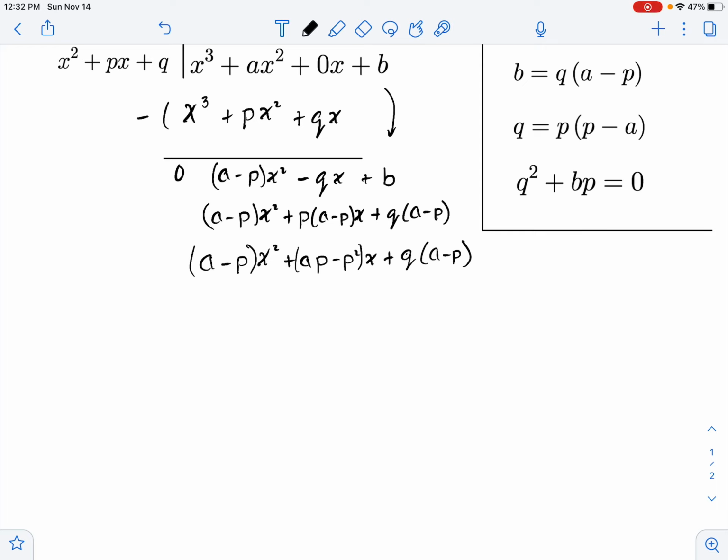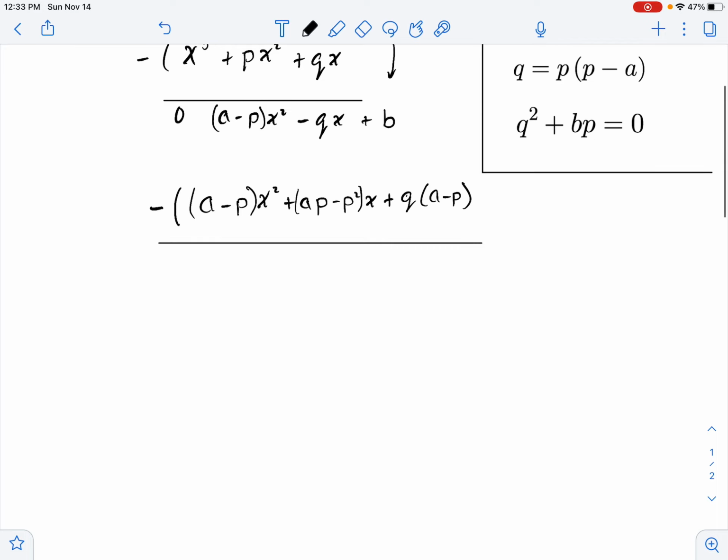And now I will subtract, remembering that I'm subtracting this line here from this line here. So that is minus parentheses. I'm just going to erase this line so that I can see a little bit more clearly. Subtracting, I get a minus p x squared minus a minus p x squared. Well, of course, that's 0x squared, so those two will cancel.